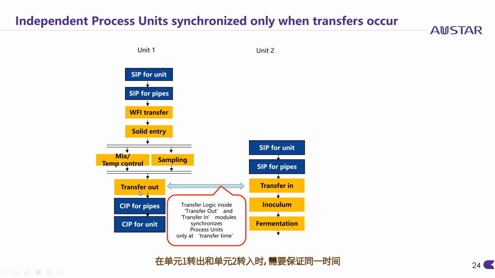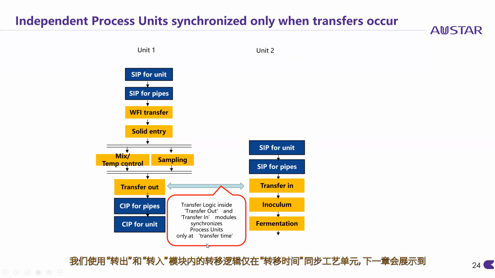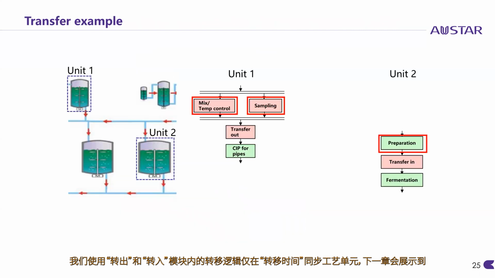So if unit 1 is to transfer out and unit 2 is to transfer in, somehow they must be in these phases at the same time. And we do that using specific transfer logic in the transfer out and transfer in equipment modules to do this specific synchronization. I will show this in the next slide.